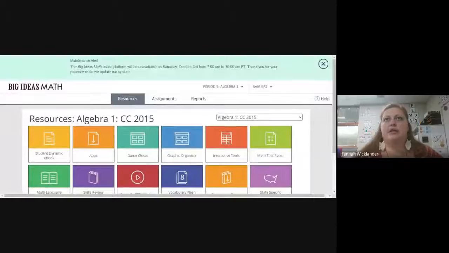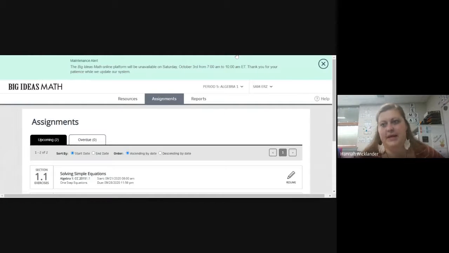So is my screen being shared? It's loading. Yes. Okay. So when you log into Big Ideas Math, this is what you're going to get. And then you're going to go to assignments. Let me make my cursor bigger.